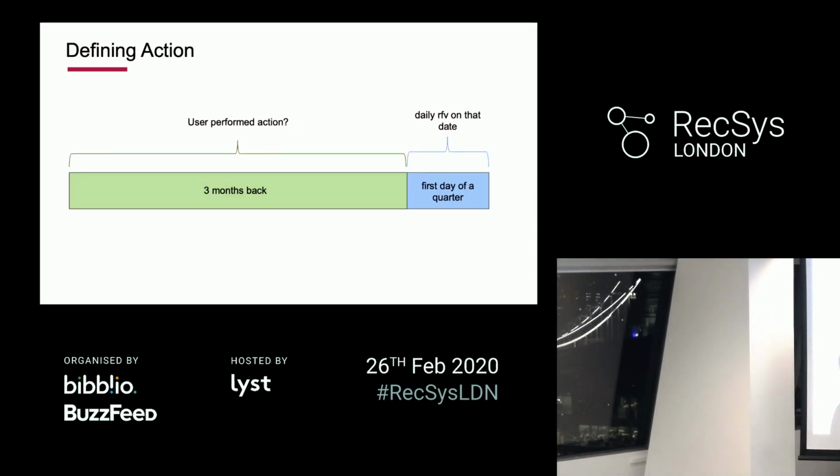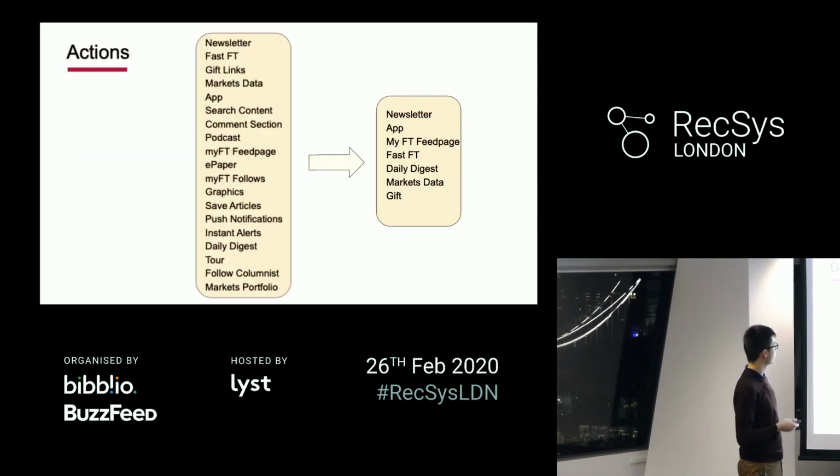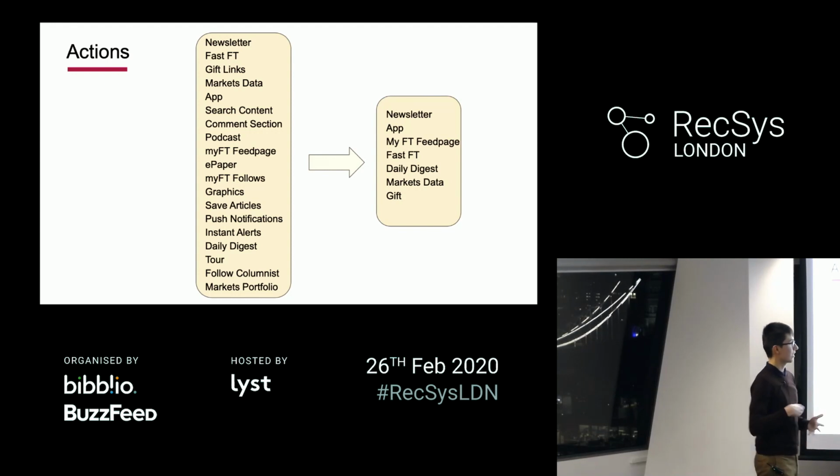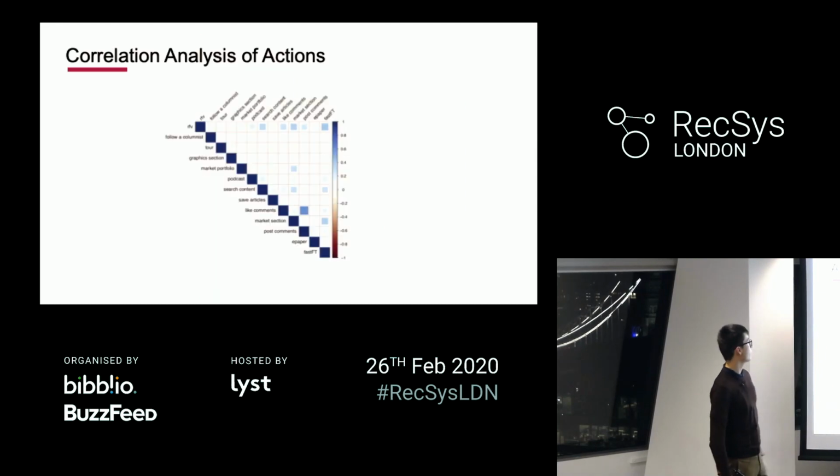And for the action likelihood model, we also gather the most recent daily engagement metric, which is the most recent daily RFV. These are all the actions which we researched initially, and then, based on the domain knowledge and expertise of the Envoy team and on the correlation analysis and principal component analysis, we came up with those 7 top actions, which are then used in our model.